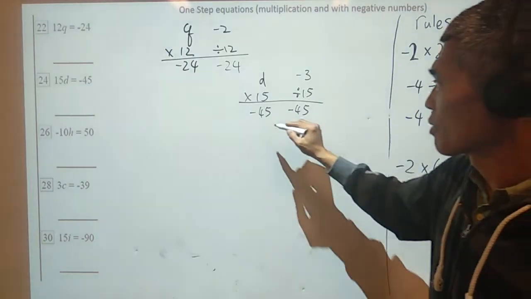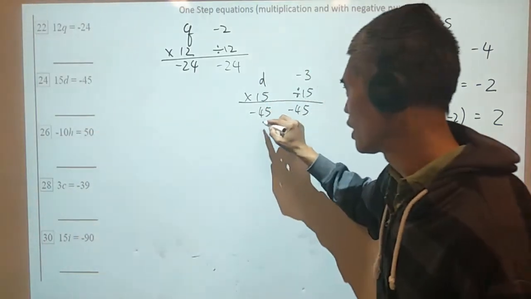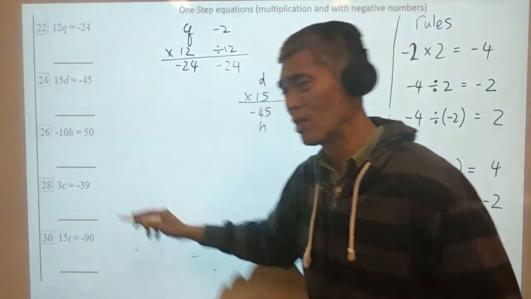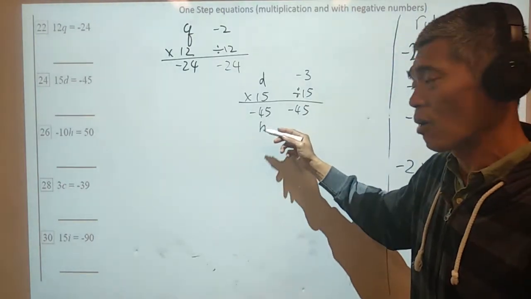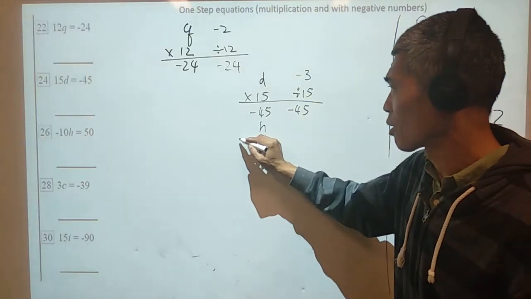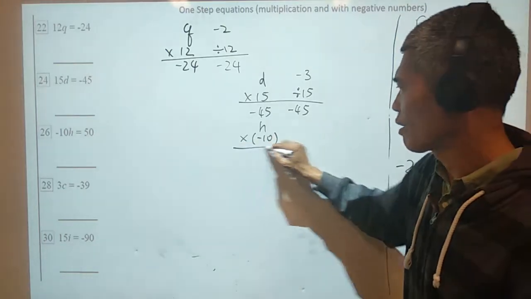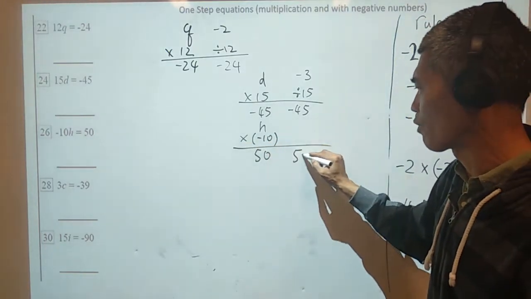Now here's another one. I start with h. Now minus 10h means minus 10 times h, or it also means h times negative 10. So times negative 10 gives you 50. All right, so working backwards, I start with 50.